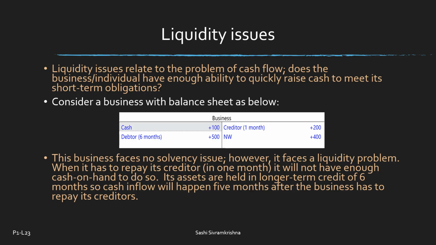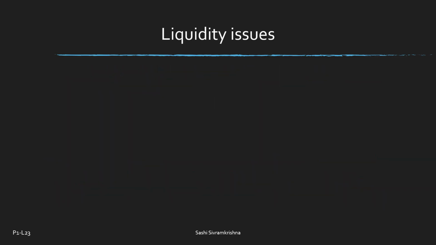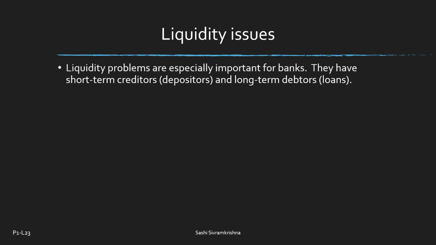Very often businesses actually fail because of liquidity issues rather than solvency issues. Liquidity issues are especially important to entities in the financial sector, including banks. We saw in our last lecture how NBFCs in India faced a severe liquidity crisis when the pandemic struck.